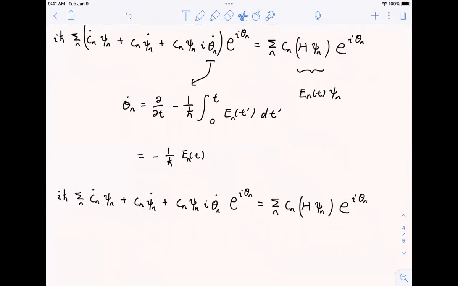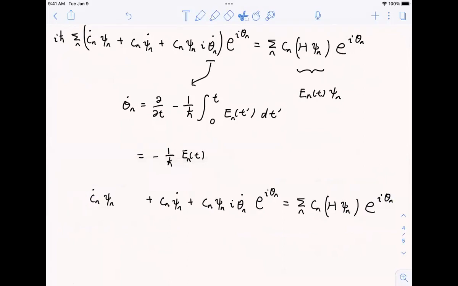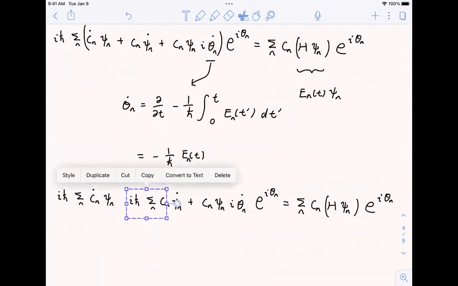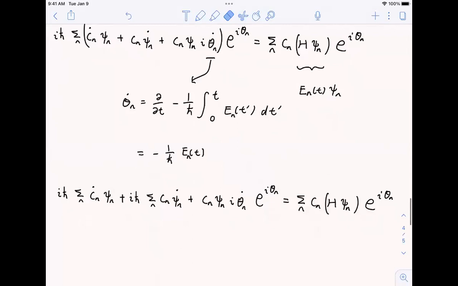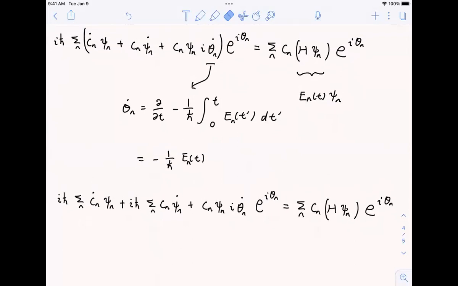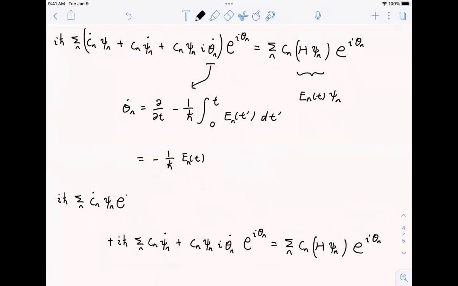Okay, so we're going to separate them one by one. I just feel it's too many things. Let me separate them term by term.